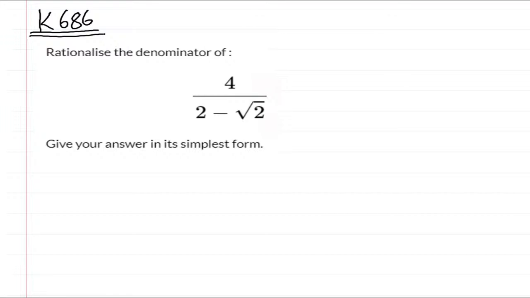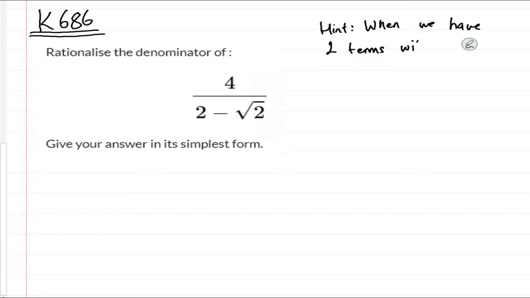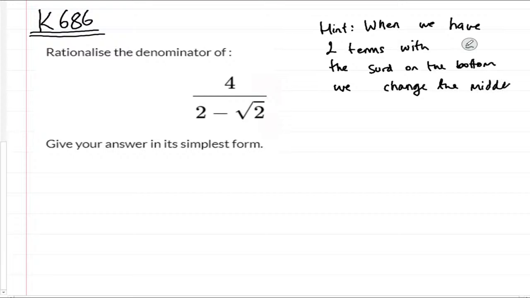Let's write a little hint on the side. Hint. When we have two terms with the surd on the bottom, we change the middle symbol and multiply by this.